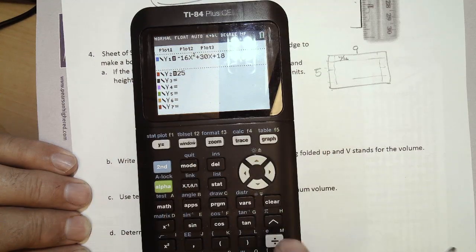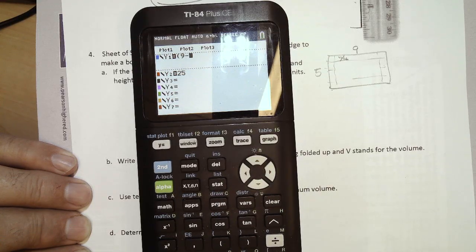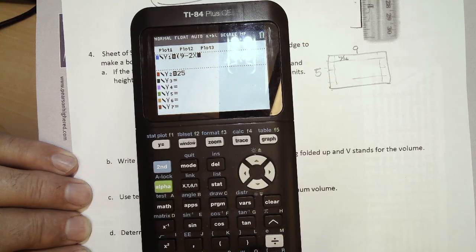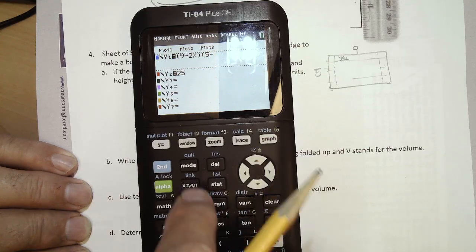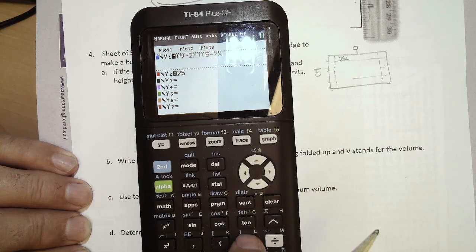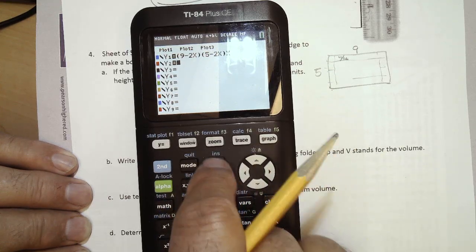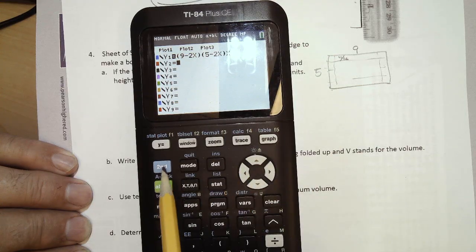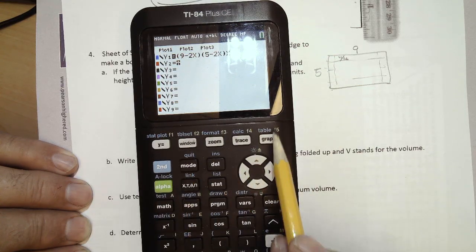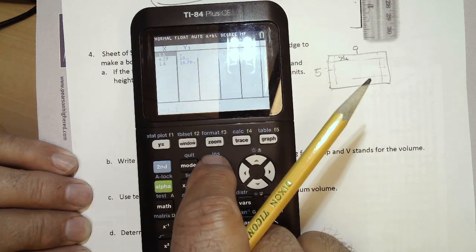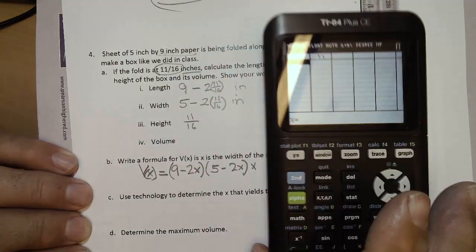So clear, 9, parenthesis 9 minus 2x, close parenthesis, open parenthesis, 5 minus 2x, close parenthesis, and times an x. And get rid of this one and go to, since I've got it set on independent, I can go to table, I can delete these, and I can put in whatever I want for the height.